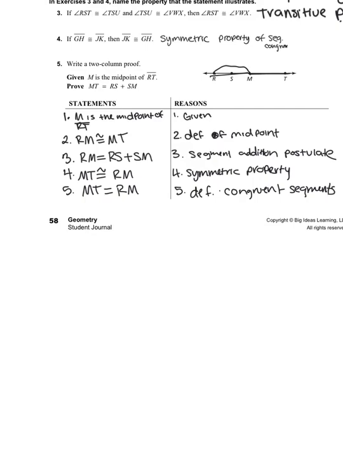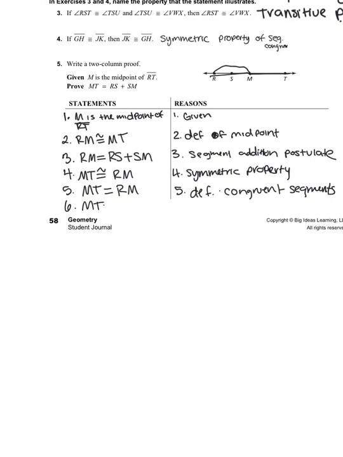All right. So in step 3, we stated that RM is equal to RS plus SM, and in step 5, we said that MT is equal to RM, right? So now all I have to do is substitute RS plus SM for RM.